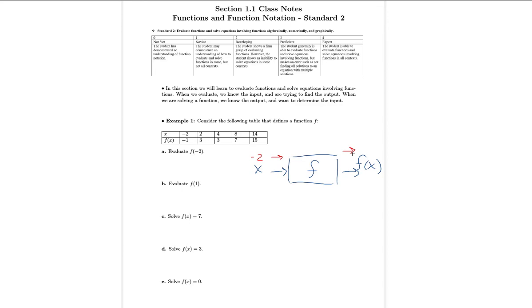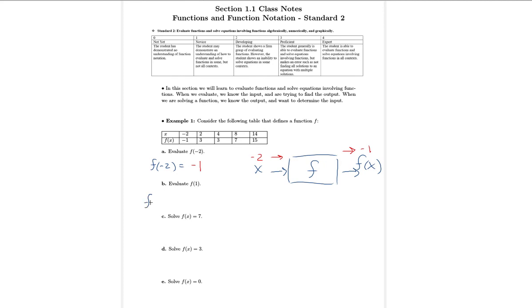But according to the table, we know exactly what comes out the other side. We know that when you put -2 into this function, a -1 comes out the other side because it's listed right here. So our answer to that question is just that f of -2 is equal to -1.